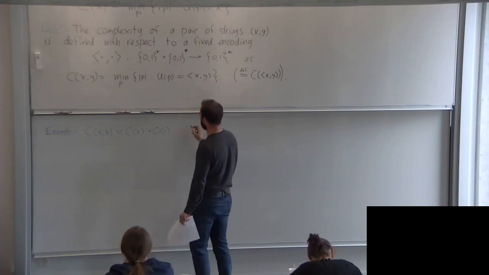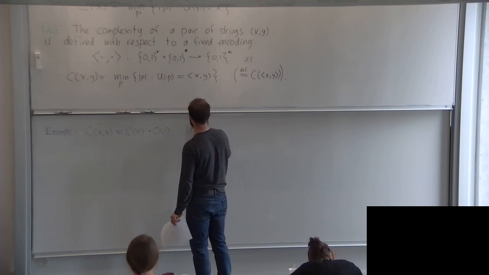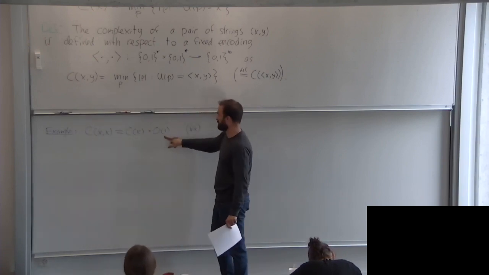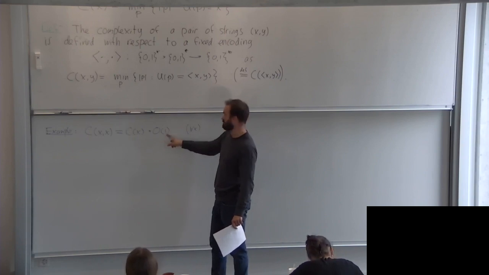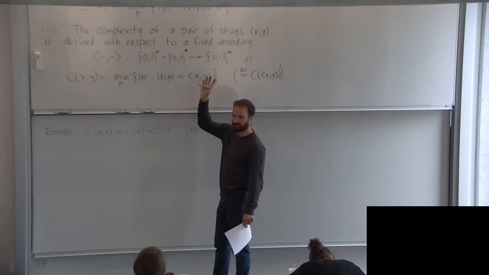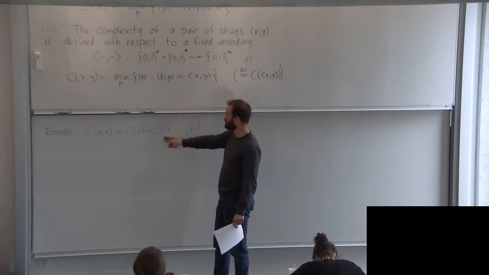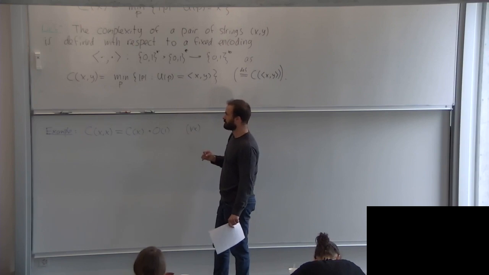When I write this down, it's implied that it holds for all X. And the O of 1 is a constant, as opposed to growing with X, or growing with the length of X. It's a fixed constant.